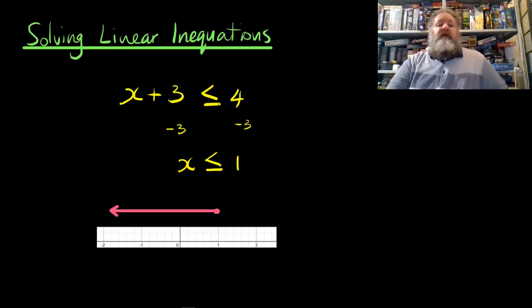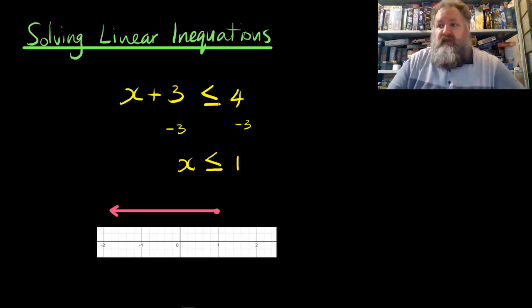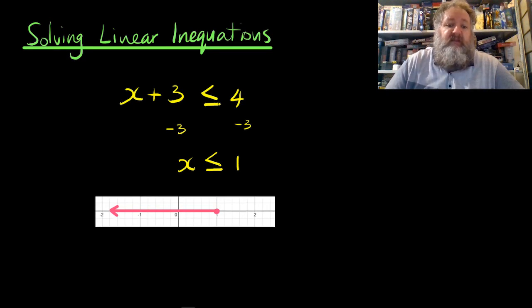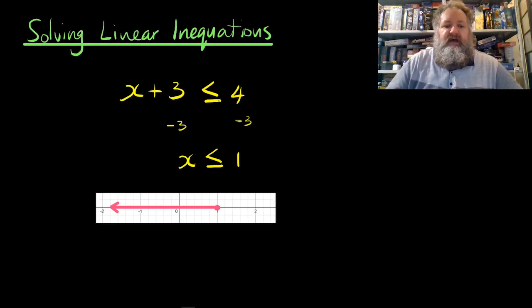When I go to graph that, I know it has to be a solid closed circle. But where do I start it? I have to start it right where x is less than or equal to 1. So I'll shift my graph to that point, and that's exactly how you would draw that one in.